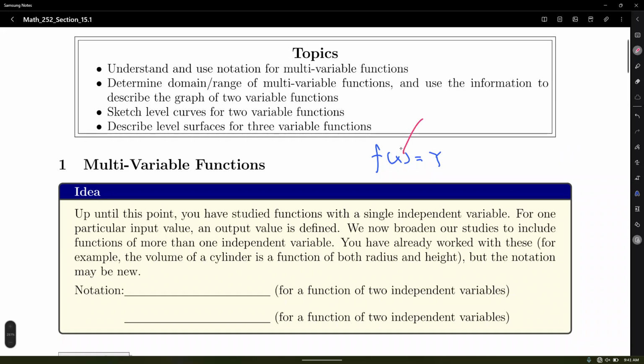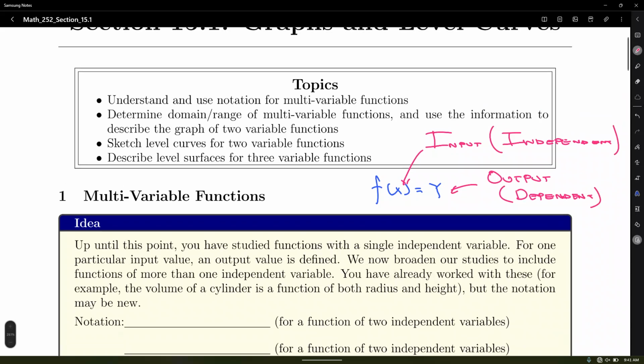That is the input, which is the independent variable, and the output, which is the dependent variable. I'm pretty sure you've seen this machine approach, right?